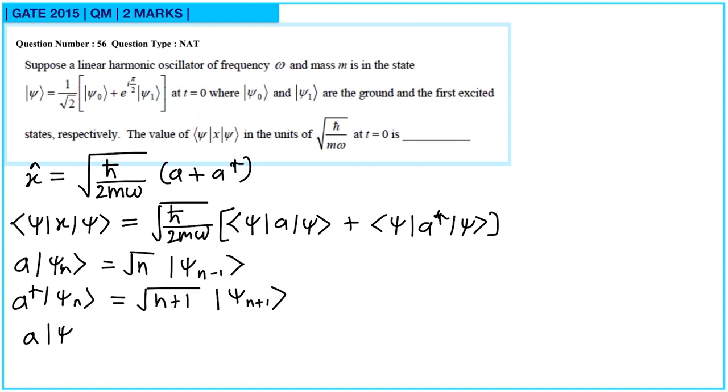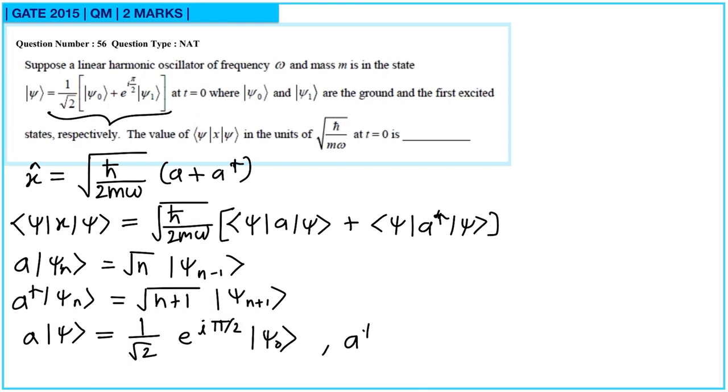So if we operate a on psi, then 1 by root 2 is a constant only, and psi 0 cannot be lowered, so this term will not be there, and psi 1 goes to psi 0. So this will be e raised to i pi by 2 times psi 0.